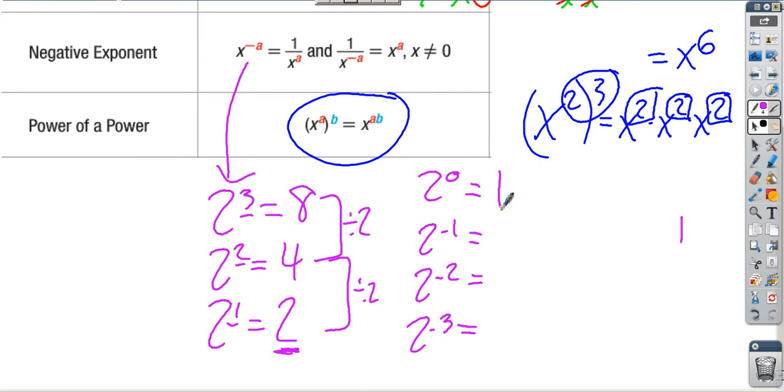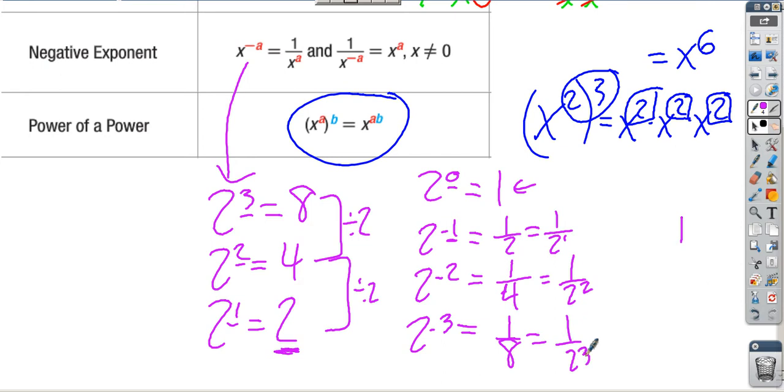Let's follow that same pattern. So if we take half of this number, because we decreased that exponent by 1, if we take half of 1, we get 1 over 2. Or another way of saying that is 1 over 2 to the first. If we take now half of this number, we have 1 over 4, which is the same as 1 over 2 to the second. Half of 1/4 is 1/8, or 1 over 2 to the third. So you might be able to see the pattern.